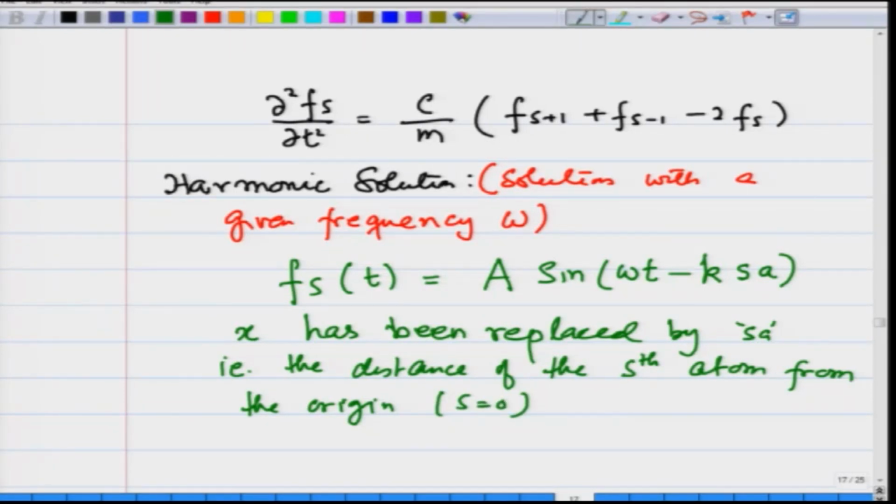So, hopefully, by now I have brought you to a point where you understand that in a discrete lattice, in a discrete crystal where atoms are a distance a away from each other and connected by springs and are interacting only with the nearest neighbors, the equation of motion for an atom at sth site is exactly like the wave equation, except that now we are writing that second derivative in discrete form, and therefore, the solution would also be wave like.